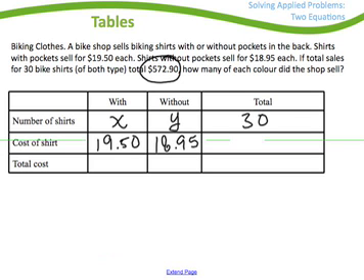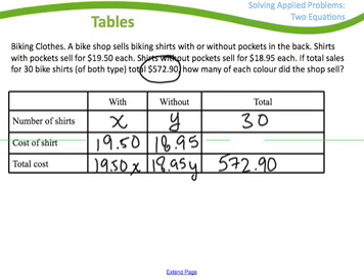The total cost of ones with will be whatever the cost of the shirt is times how many shirts there are. So the total cost of shirts with a pocket would be 1950x. And the total cost without would be 1895y. Then my total is the total of this one and this one, they say is 572.90.